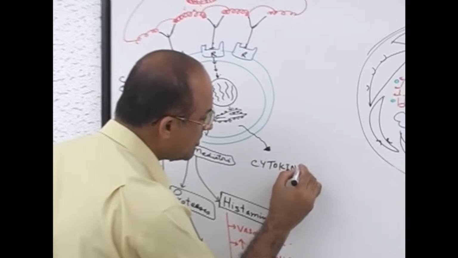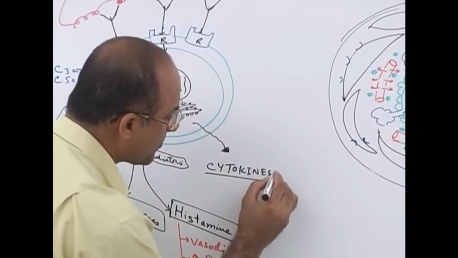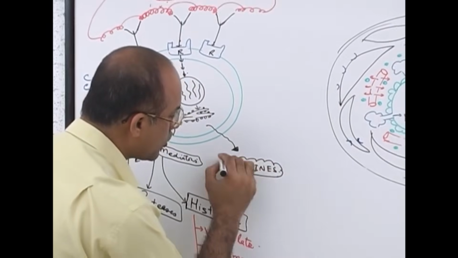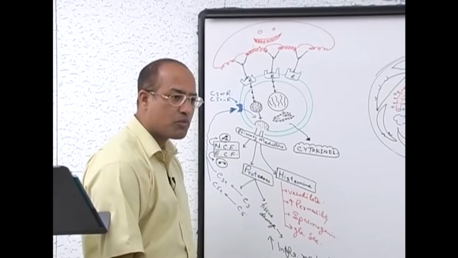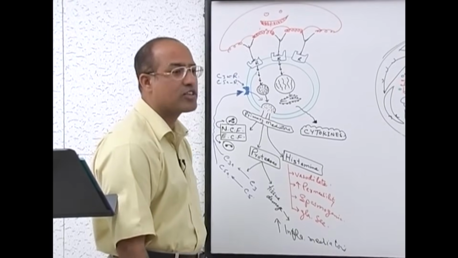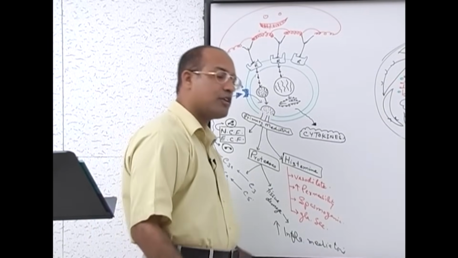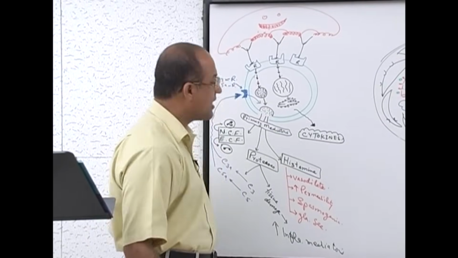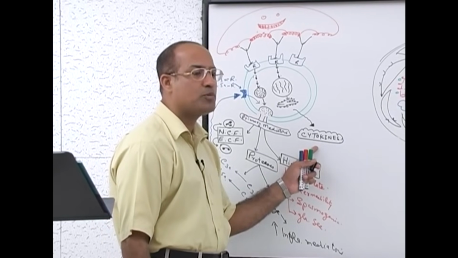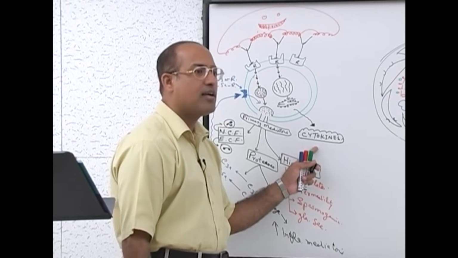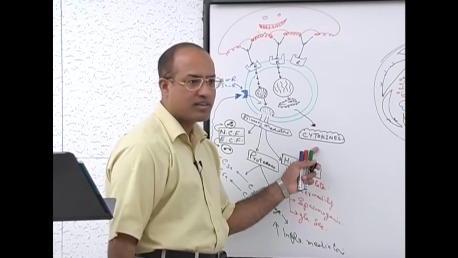So what are cytokines? Cytokines are a group of small soluble proteins which are secreted by many cells in the body, including the mast cells. And these cytokines act as a signaling molecule or communication system or messenger system in between the different cells, right?